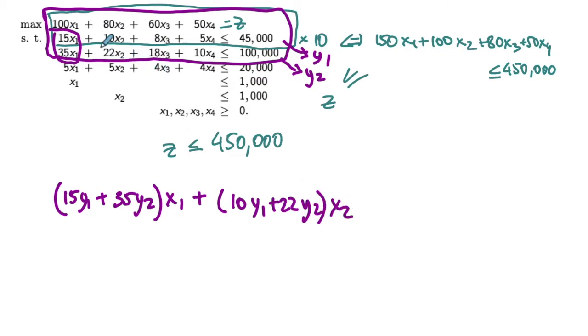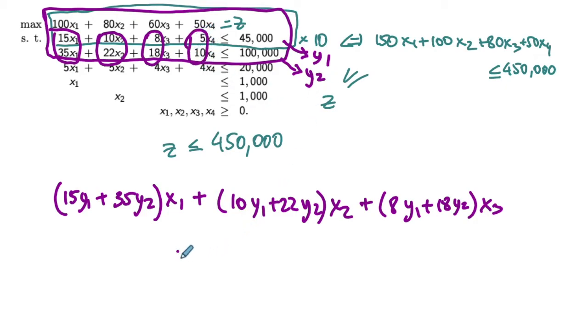That's the coefficient for x2, and this is coming from here, right? The coefficient for x3 will be 8y1 plus 18y2, so we have this in this column right here. And finally, the coefficient for x4 would come from this column right here. We would have 5y1 plus 10y2 times x4.